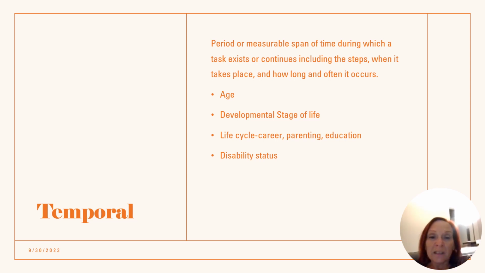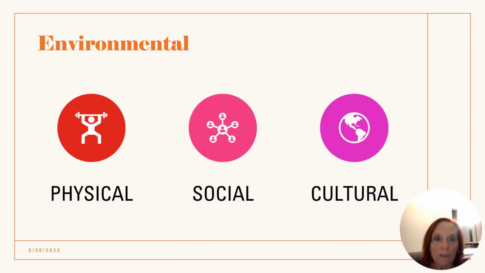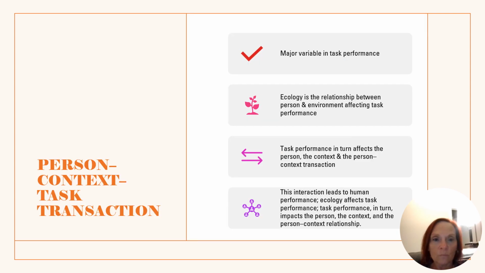It could be disability status, where you're at with your disability, if it is a declining disability. It could be improving, maybe you are ill and you're getting better, that type of thing. The other types of environment are physical, social, and cultural, just like we've seen in several of the other models.